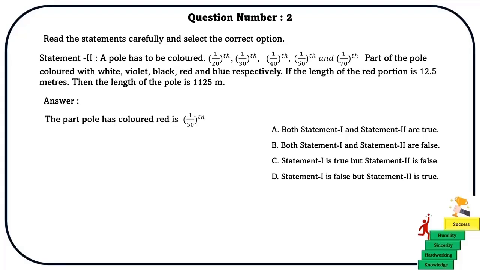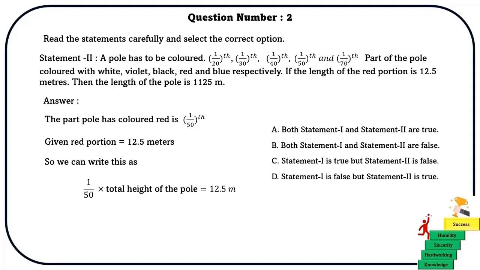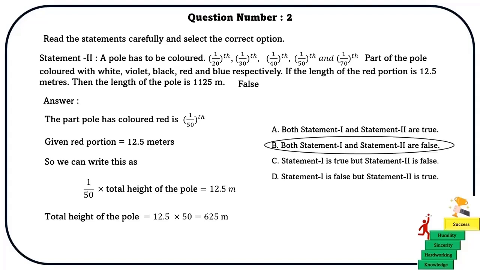The part of the pole that has red color is 1 by 50th. Given red portion is equal to 12.5 meters. So we can write this as 1 by 50 into total height of the pole is equal to 12.5 meters. So total height of the pole is equal to 625 meters, not 1125 meters. Therefore, this statement is also false.